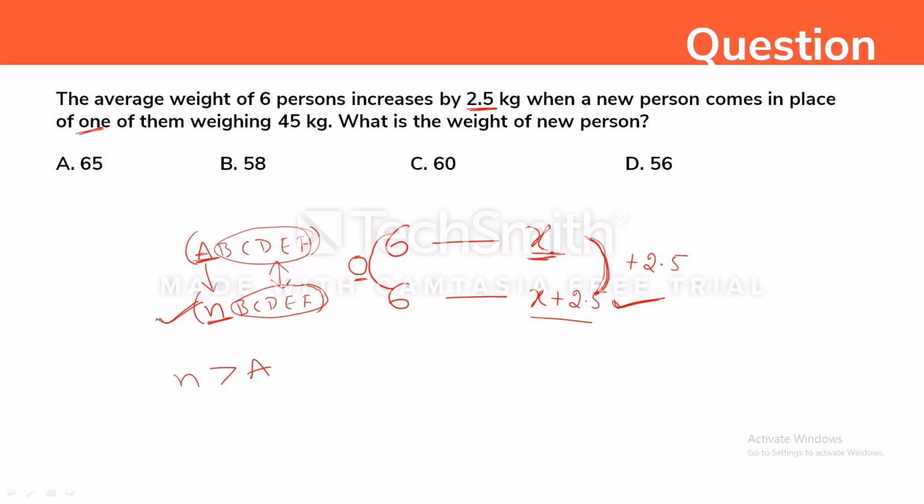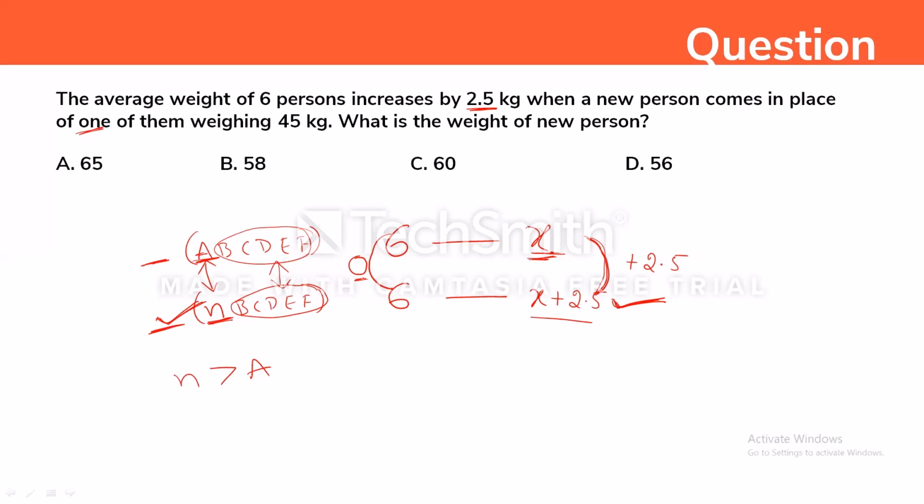The same members are there in both cases, so the average changes just because of the replacement of N and A. In the first case A is there, in the second N is there. The second case average has increased, so for sure N's weight is more than A's.